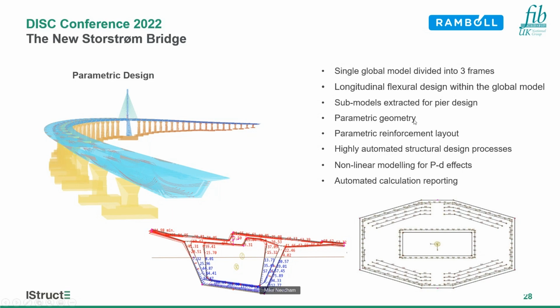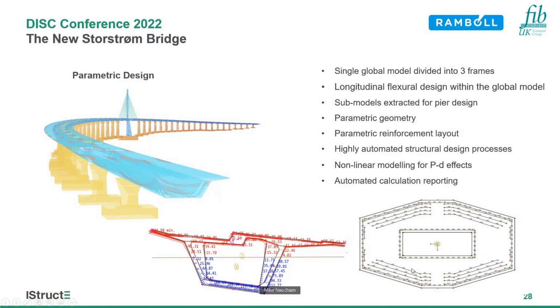In order to make it more manageable, submodels were extracted for the pier design. The whole global and local model arrangement was set up using parametric geometry, which is pretty much essential given the amount that the geometry changes, but it did fit very well with being described in parametric terms.